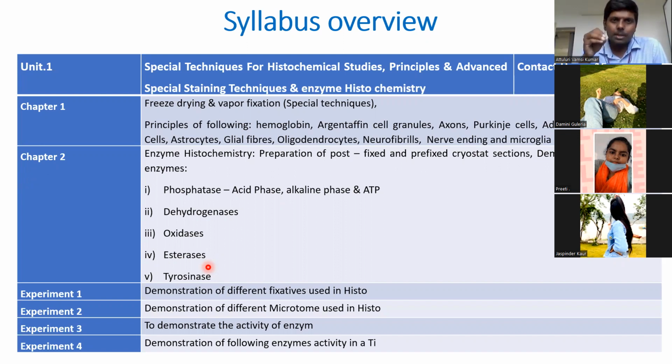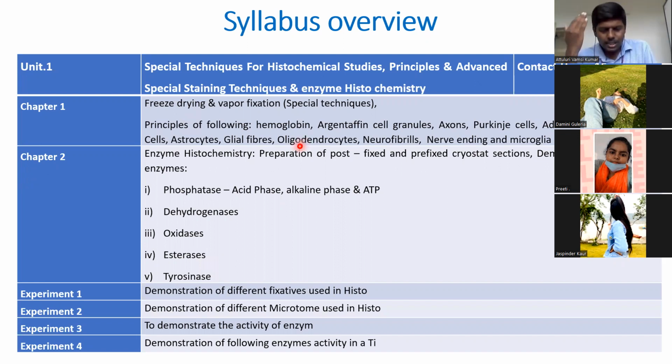Okay, so we can have a deep overview of enzyme histochemistry in this coming week. This whole week we will focus on enzyme histochemistry. After that, students, in the syllabus, unit 1, chapter 1 is all about the central nervous system.